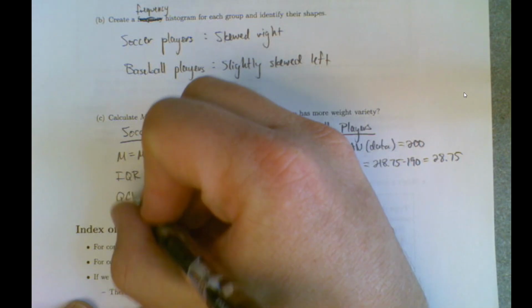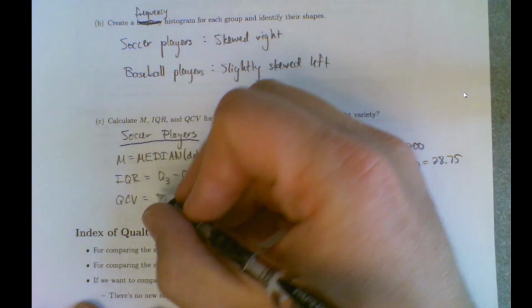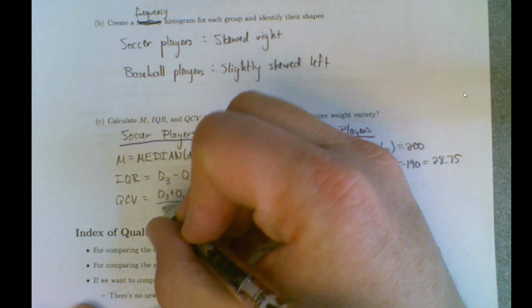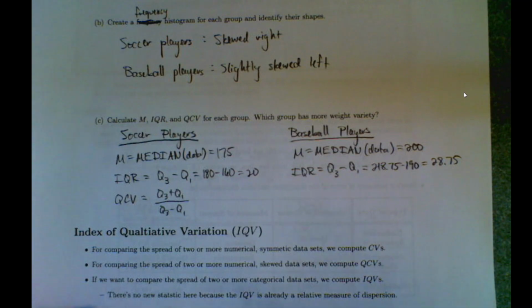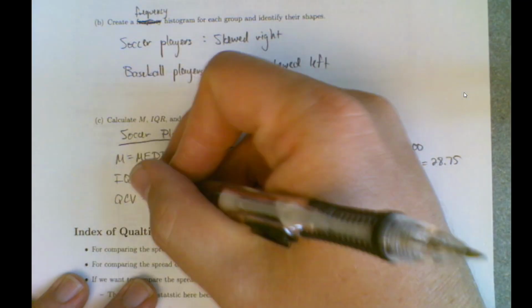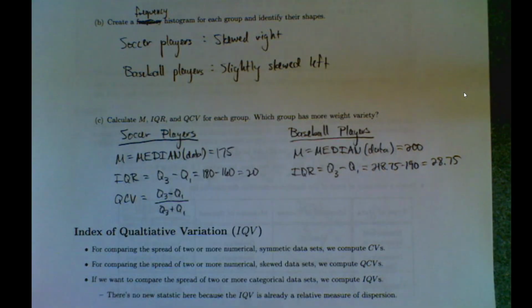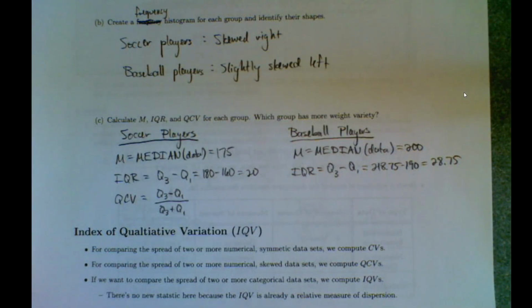So the QCV for the soccer players is going to be Q3 plus Q1 over Q3 minus Q1. Or if you want to write that as IQR over Q3, ooh, I got these backwards. I keep doing that today. It's Q3 minus Q1 over Q3 plus Q1. So if you want to write that as IQR divided by Q3 plus Q1, that would also work.